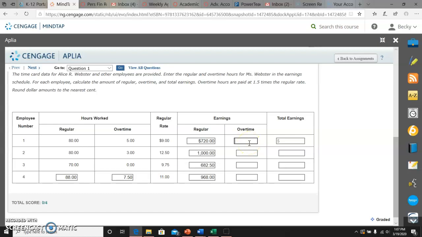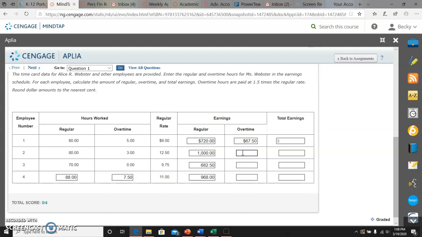So now make sure you follow me on overtime, and don't forget this time and a half that it talked about up here, right? So time and a half. I'm going to take the regular rate of $9 times 1.5 times the number of overtime hours, which is 5, and I would get 67.50.